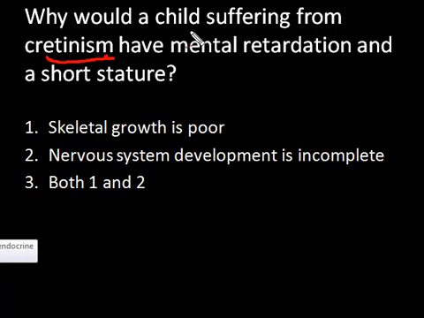The function of thyroid hormones is to act on practically all tissues in the body. So it acts on the skeletal system, it acts on the nervous system, and if the hormones are less in amount, the skeletal growth will be poor, as well as nervous system development will be incomplete because this is a child. So both hold true. Therefore, this is the right answer for this question.